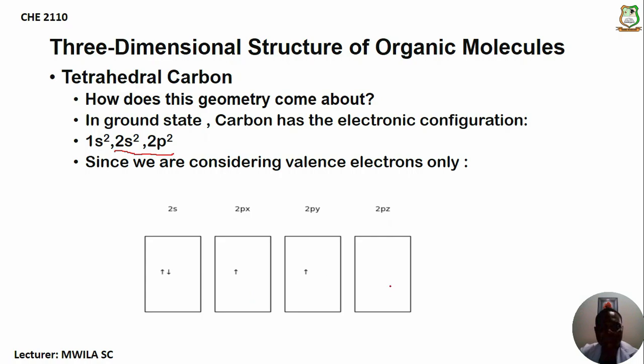Okay, so we note that the 2pz is empty. So what happens during bonding? One of these electrons here in the 2s will be promoted to this empty orbital here. So what happens when this is done?